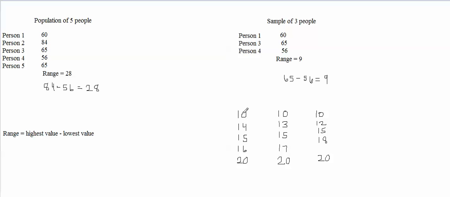Let's think about which set of numbers has the lowest dispersion and which has the highest dispersion. Well, these three numbers are close together, they're only 1 apart. These three numbers are 2 apart, so they have more dispersion than the first three. And these three numbers are 3 apart, which is more dispersion.